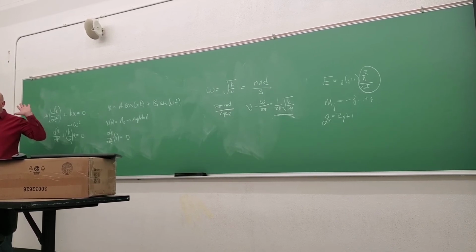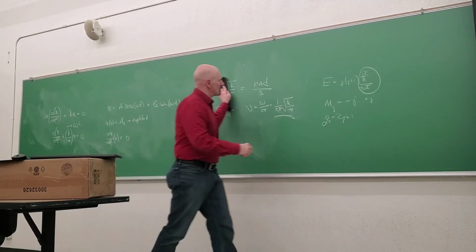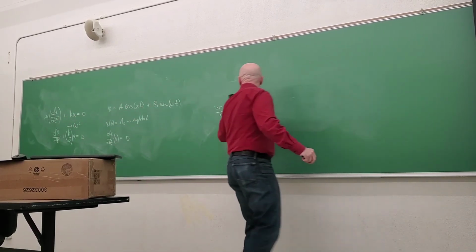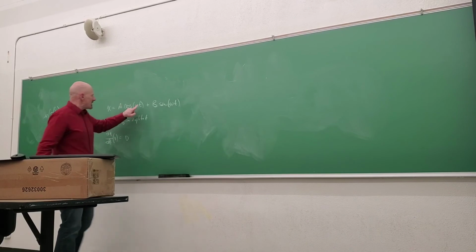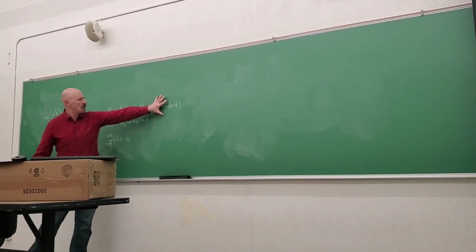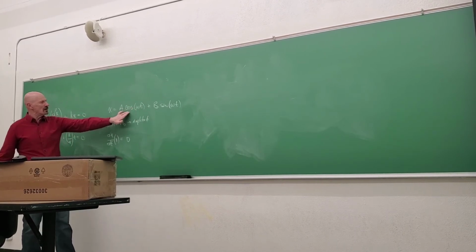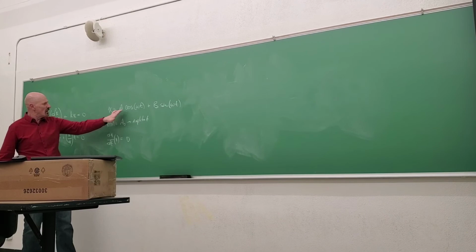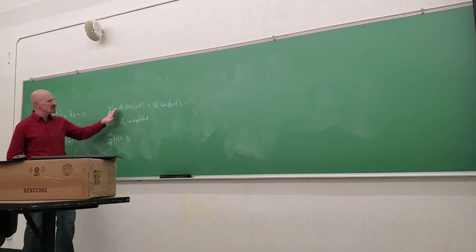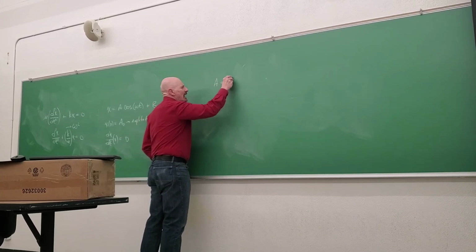To do this, if I set 0 in for t for all these, that whole thing goes to 0. Putting 0 in for t here gives cosine of 0, which becomes 1, so x becomes A. So from that, we can deduce that A is A0, what I call the amplitude.